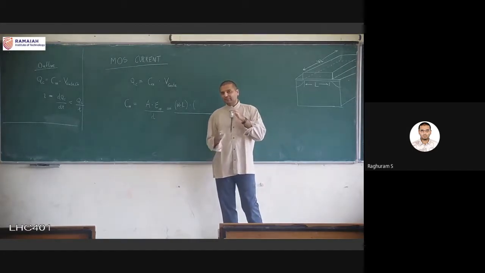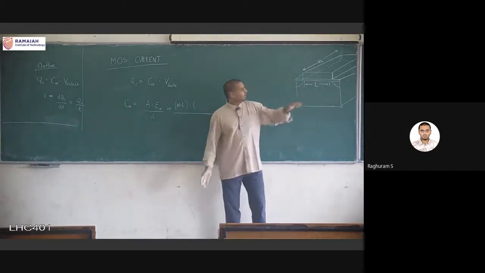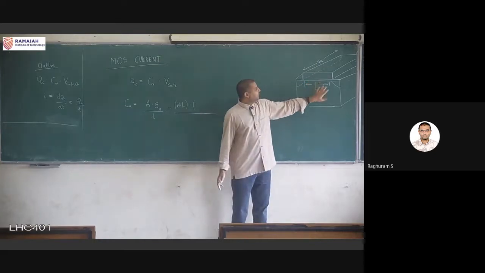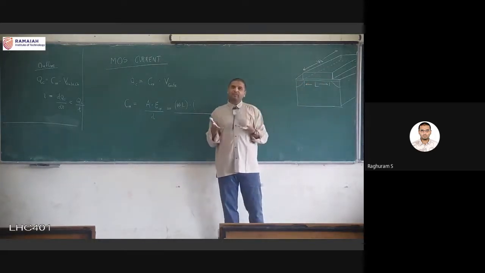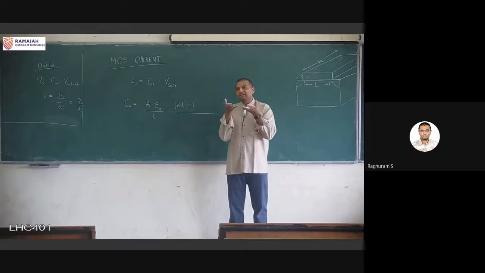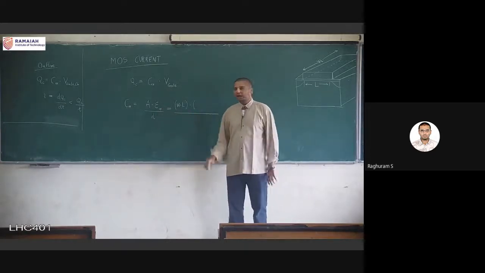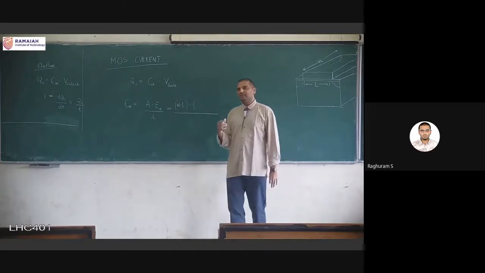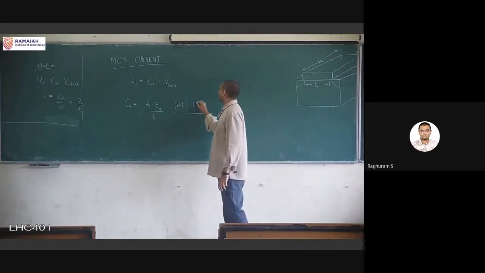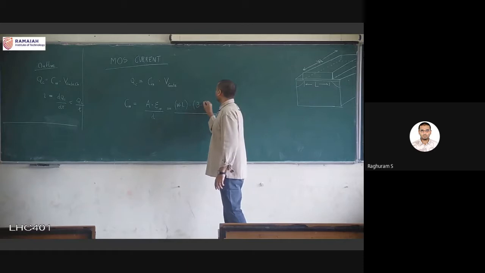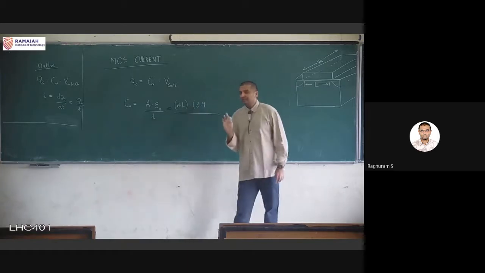The capacitor is separated by a material. This is one part of the capacitor. The bottom silicon itself is the other parallel plate. So what is the material that is separating them? That is the epsilon oxide, and you have to remember that its relative permittivity is 3.9 if it is silicon dioxide.